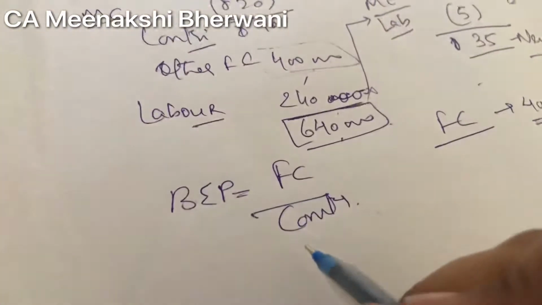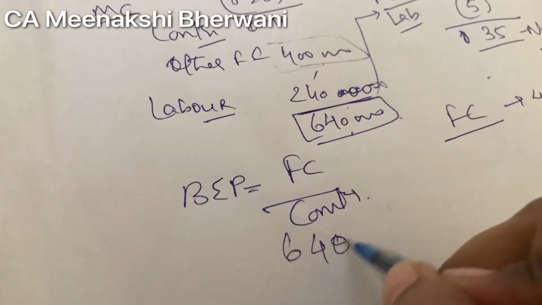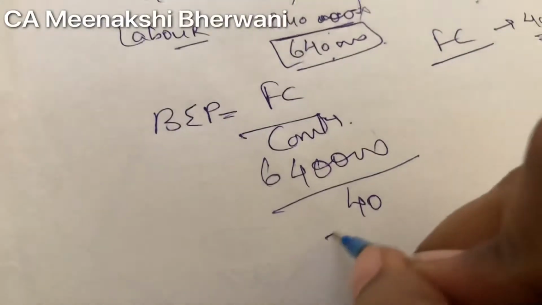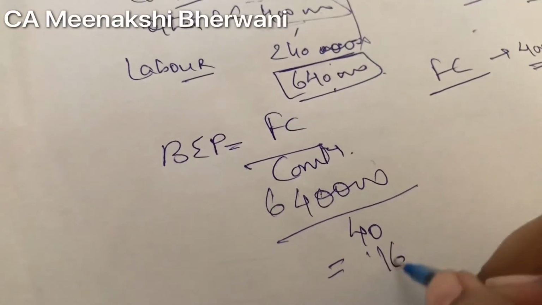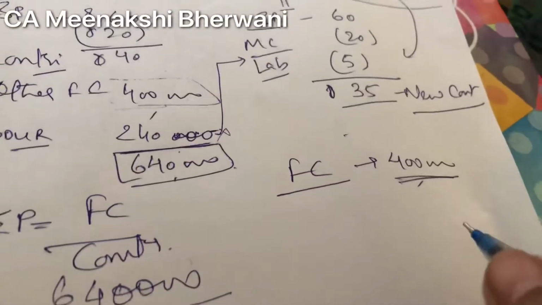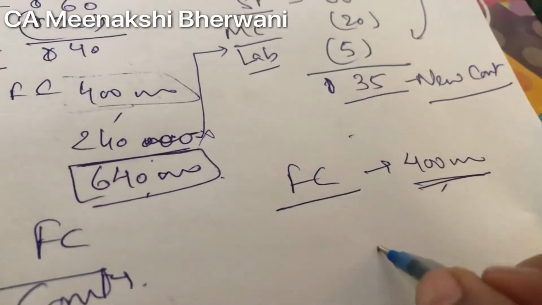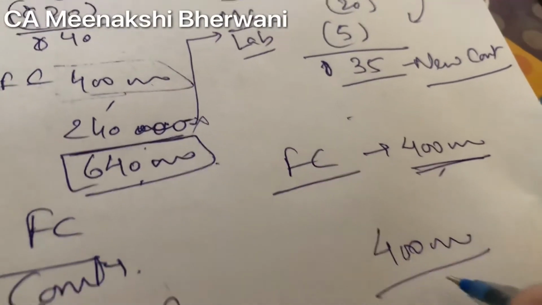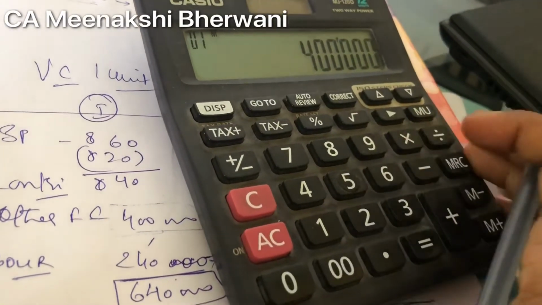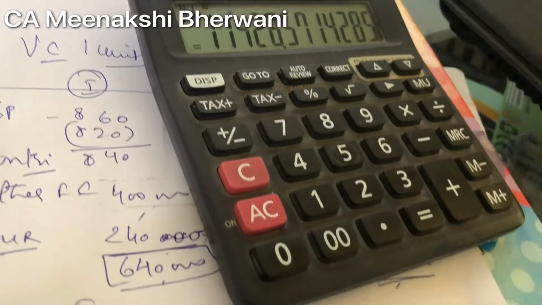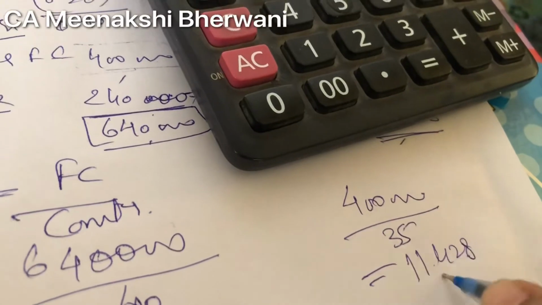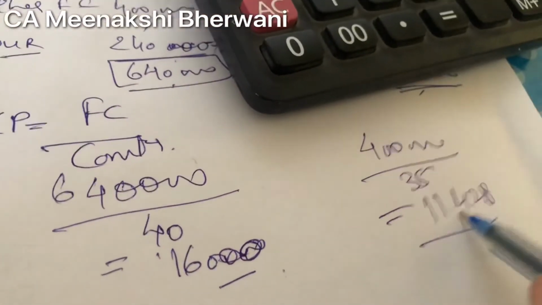So the old break-even point will be 640,000 divided by contribution, which is $40, and that comes to 16,000. The new one is 400,000 divided by 35, which comes to 11,428. So this was the previous break-even point, and this is the new break-even point.